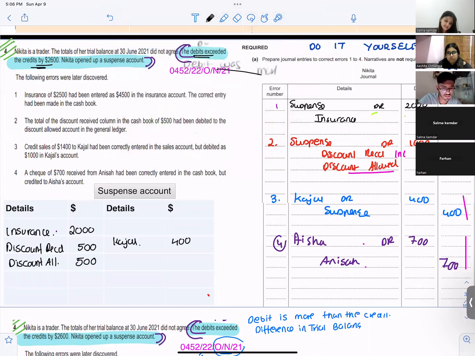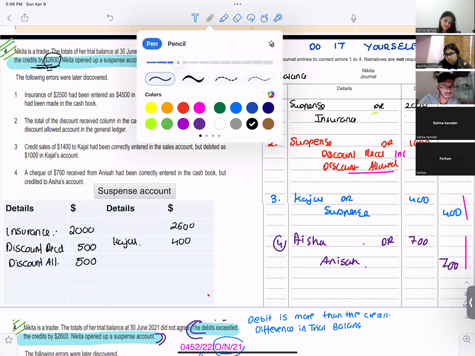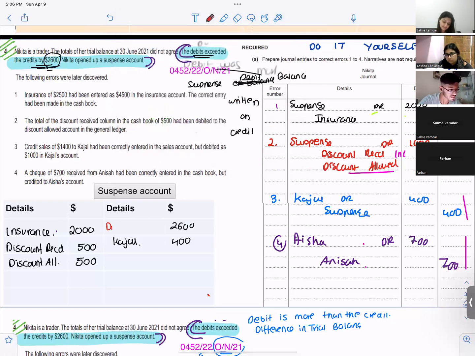Suspense was having a debit balance, but it will be written on the credit side. Of how much was the debit balance? 2600. So 2600 was the difference in trial balance. That will come on the first line.